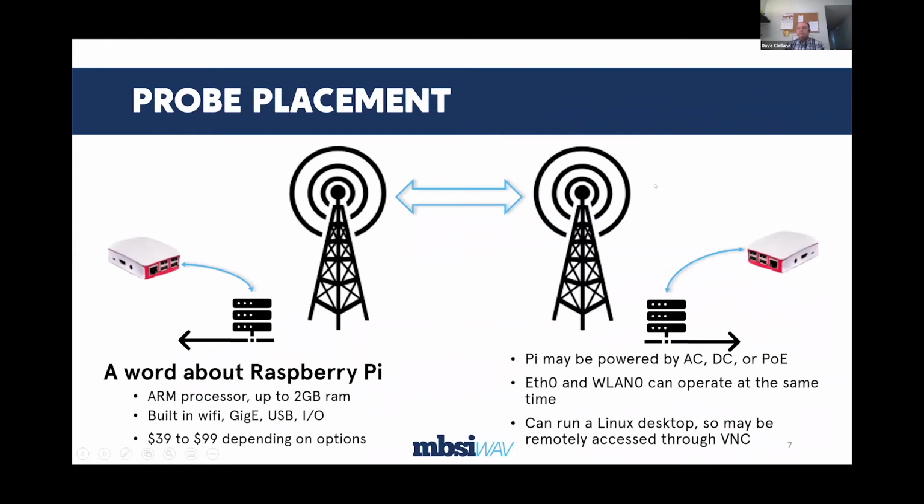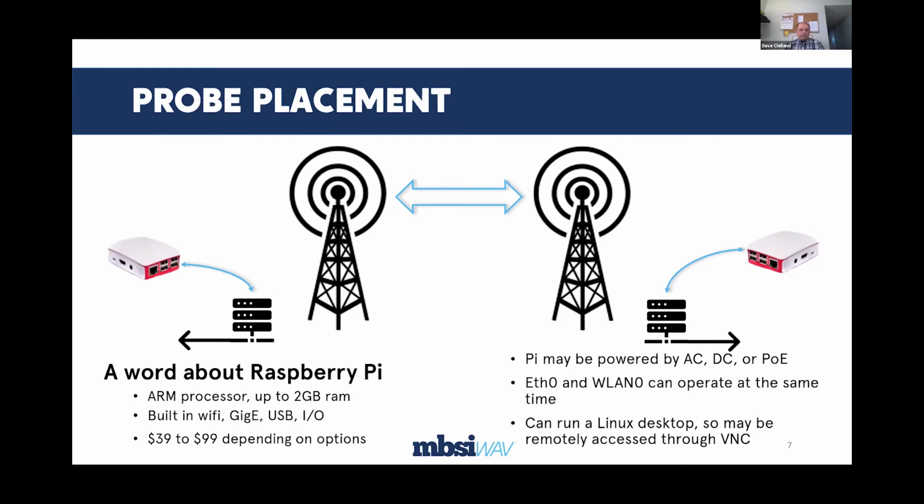All right. I'm sure everybody's heard about Raspberry Pi. I am deeply enamored with this little computer. Depending on the type and the options that you get with it, it ranges anywhere from 39 bucks up to 100 bucks or a little bit more these days.